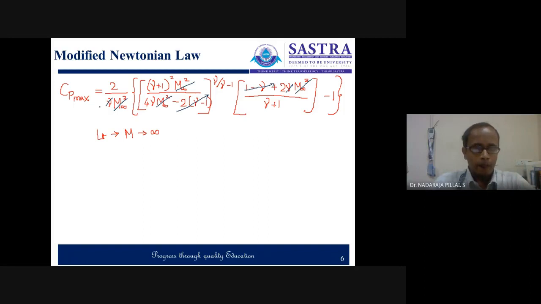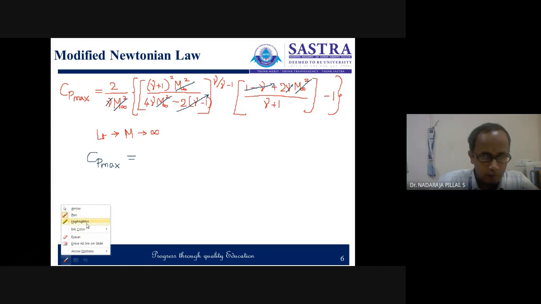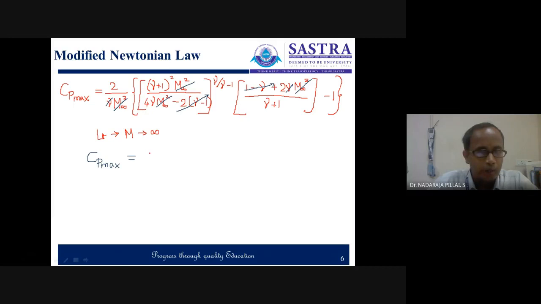So by considering M infinity tends to infinity, we can write this equation as Cp max equal to, so we can write the Cp max as this 2, and here you have 2 and here you have another 2.